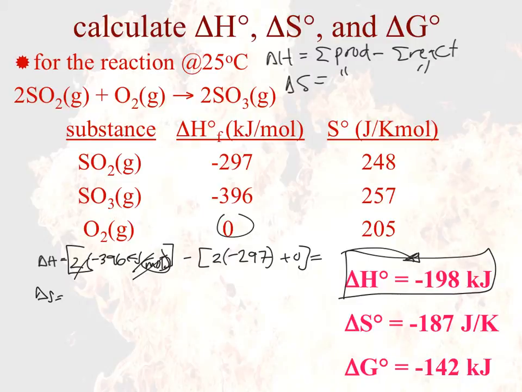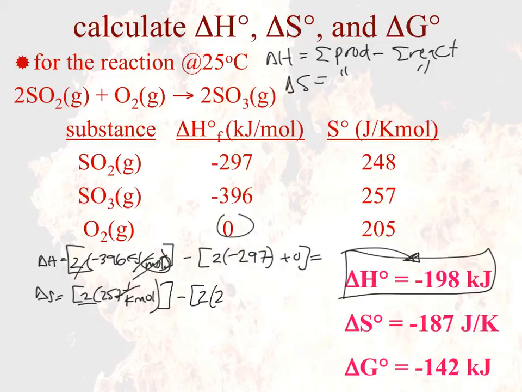Okay, so once again, it's going to be products minus reactants. So 2 times 257. Okay, in this case, we're dealing with joules per Kelvin mole. So once again, we have 2 moles out here for our products. Okay, and then we need to consider our reactants. So we have 2 moles of SO2.